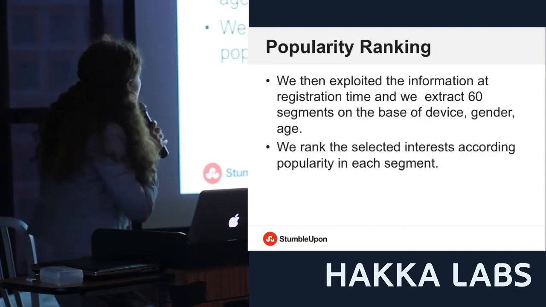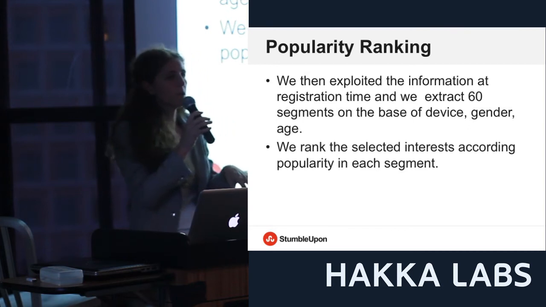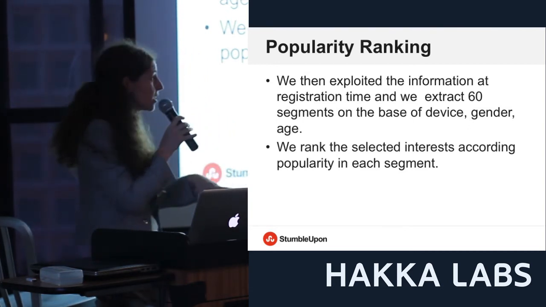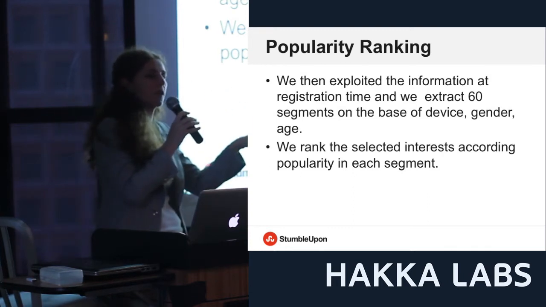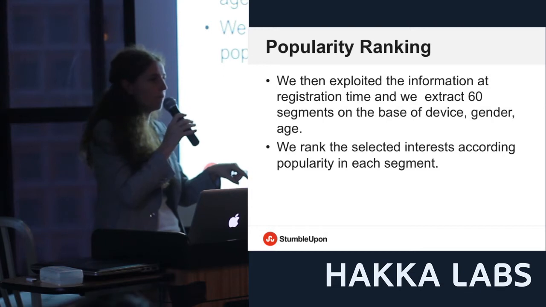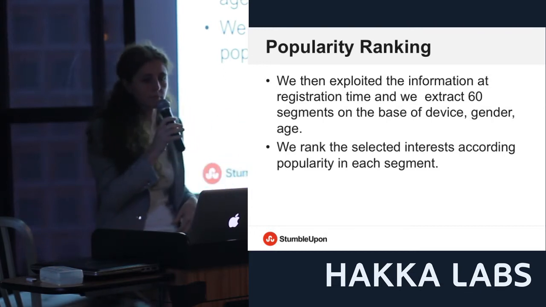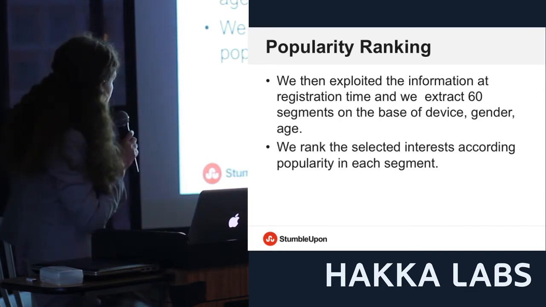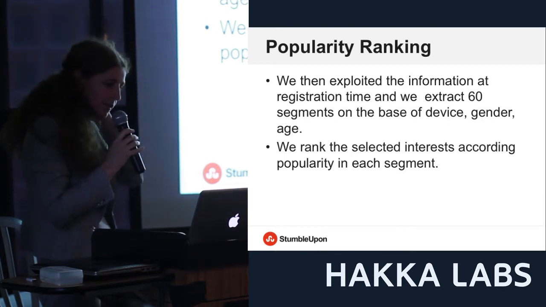We did a second step, and we said, OK, at this point, we will use the demographic information. And we just ranked these interests on the basis of popularity. So thumb up, thumb down. And obviously, the results are interesting.